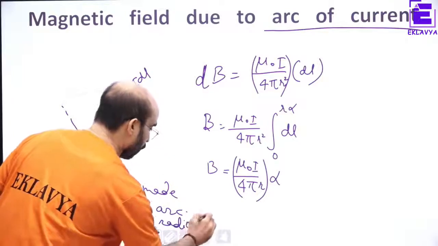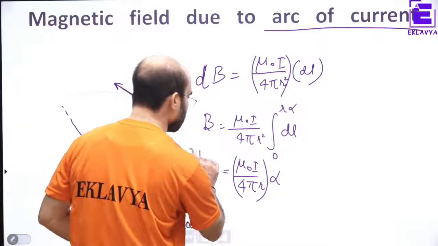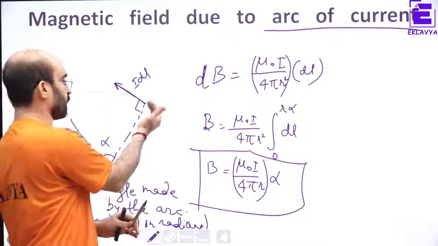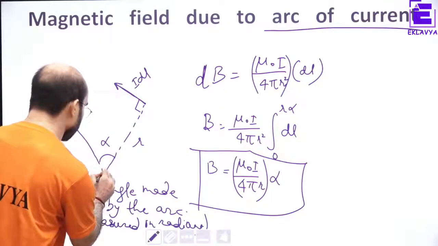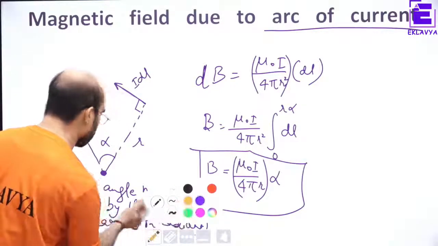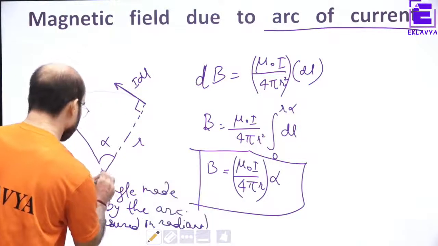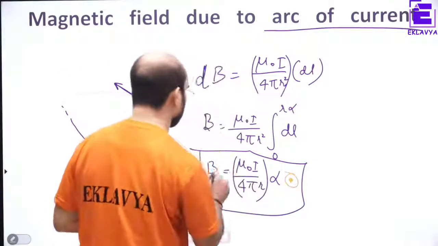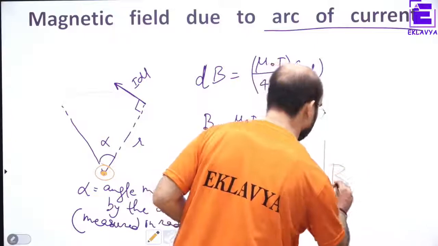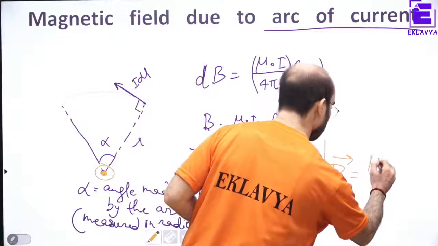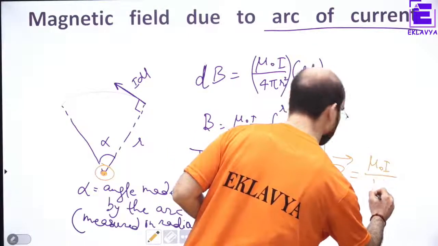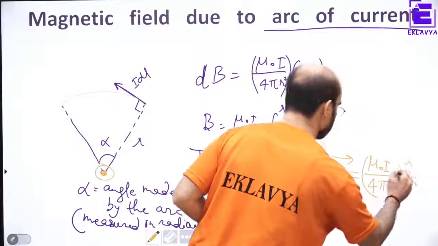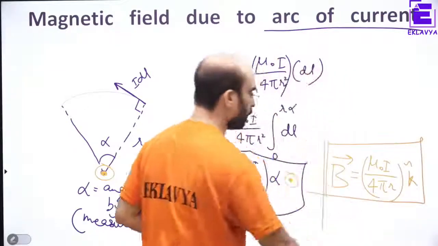Okay, so this is our final result, and one thing, again we need to understand, this is anti-clockwise current, so magnetic field here would be outward. So we may put it in this manner or we may put it in this manner. I had told you this, right? I have told you this, mu naught I alpha by 4 pi r into, this unit vector along positive z-axis.